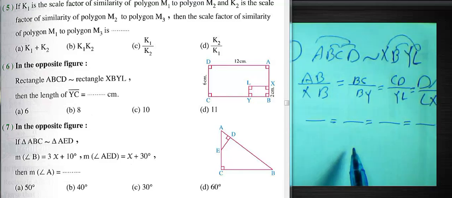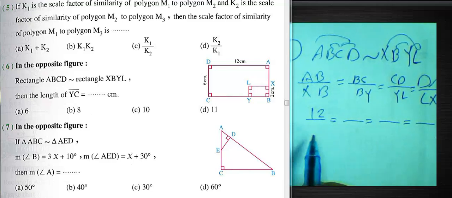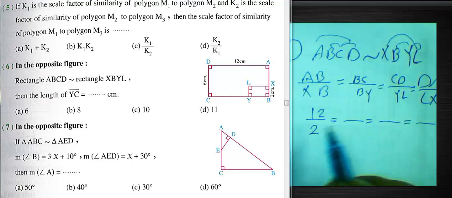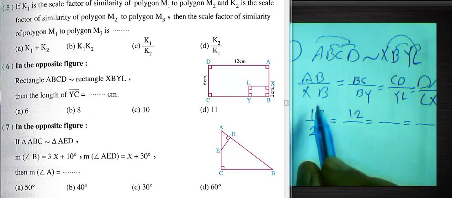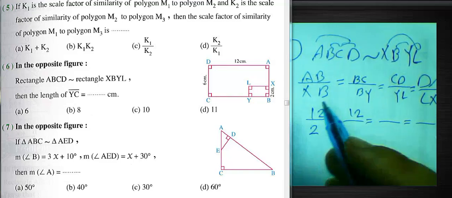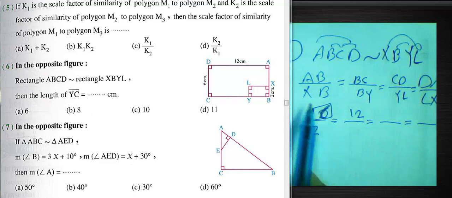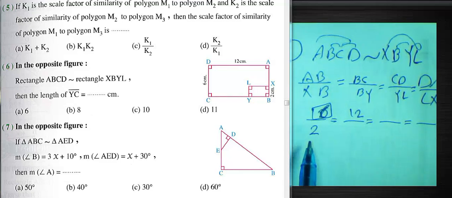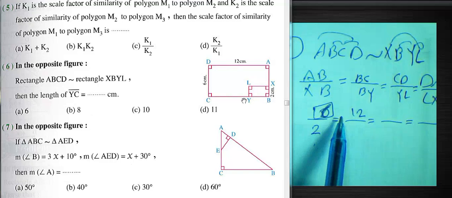AB equals 6, XB equals 2, BC equals 12, because each opposite sides are equal in length, 12 centimeter.